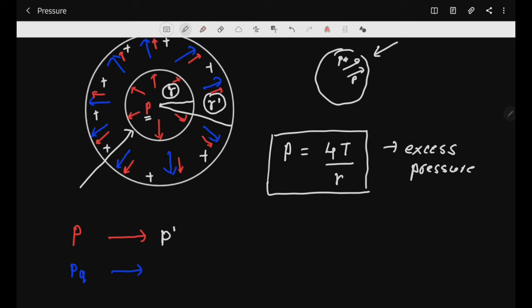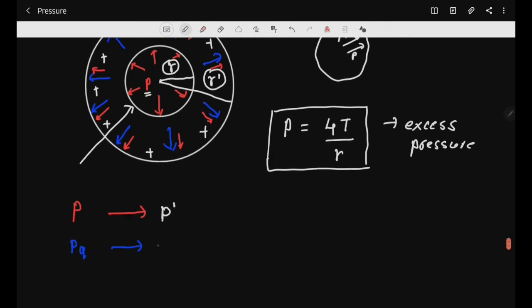We can see the equation is 4t by r. As the radius increases, the initial pressure which was creating that soap bubble has decreased. But now there is also an additional pressure, PQ, due to the charged particles. We know the equation for the pressure due to the charge is sigma square divided by 2 epsilon naught.